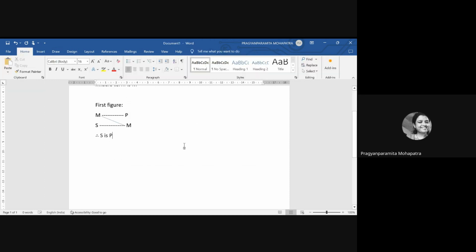Okay. Now the second figure. In the second figure, I have told you that the middle term will be in predicate place in both the premises. So what will be the form?